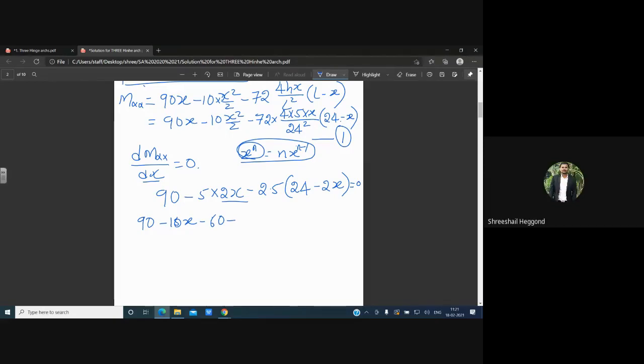Or else we can rearrange it as 30 minus 5x is equal to 0, or 5x equal to 30, or x equal to 30 divided by 5, and that can be written as 6 meters. X is 6 meters, it is the horizontal distance. Hope everybody is getting the same answer.